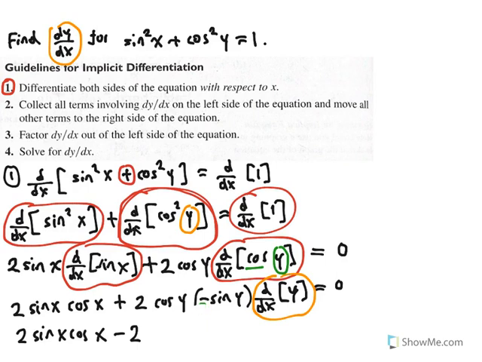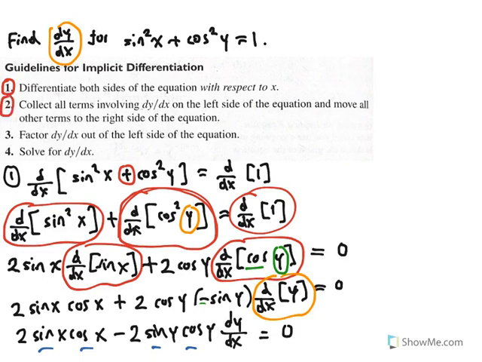I think I will go ahead and write sine y first. So I will have sine y times cosine y. It just looks more consistent with what I did for the other term. But mathematically it doesn't matter. So now the other factor is what we're looking for. The derivative with respect to x of y is dy dx, and that is equal to 0.